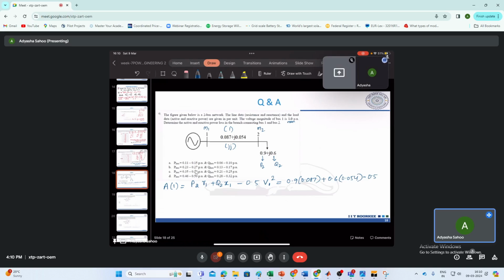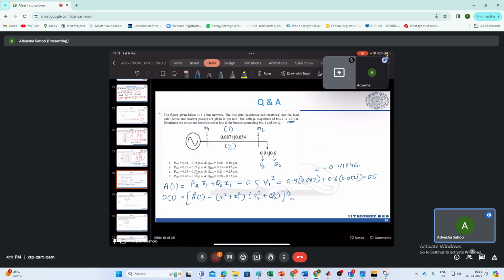This is coming out negative, minus 0.41846. And D1 will be A1 squared minus, R1 squared plus X1 squared into P2 squared plus Q2 squared, and the whole square root.